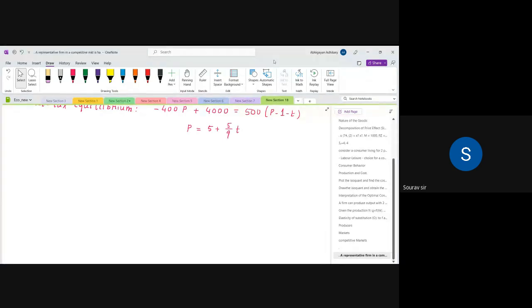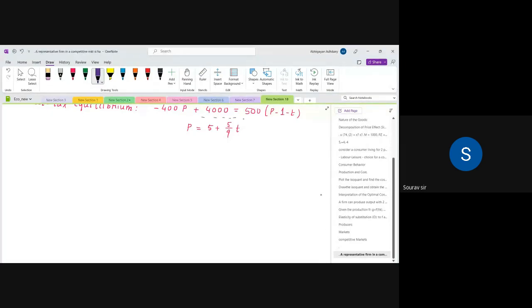So this is what you might have heard or read in textbooks, that price does not increase by the full extent of the tax. But one add-on thing to mention, that is in the short run.